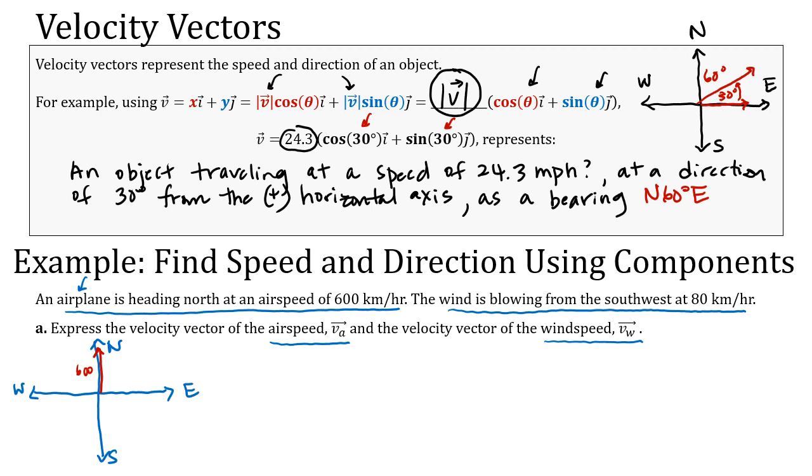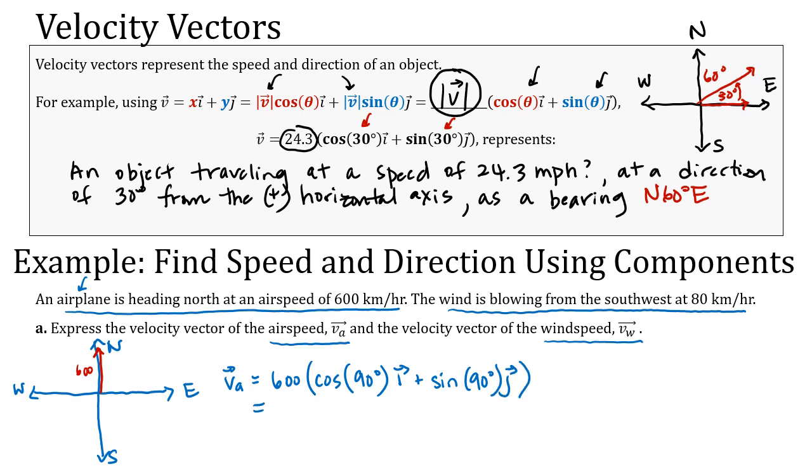So we're going to say that v sub a is equal to that speed of 600 times the cosine of the angle measure from the positive x-axis, which is 90 degrees, i, plus the sine of 90 degrees j.